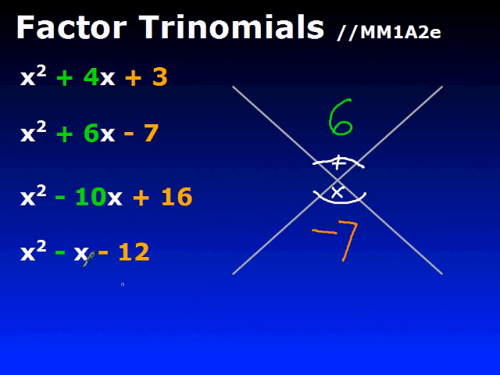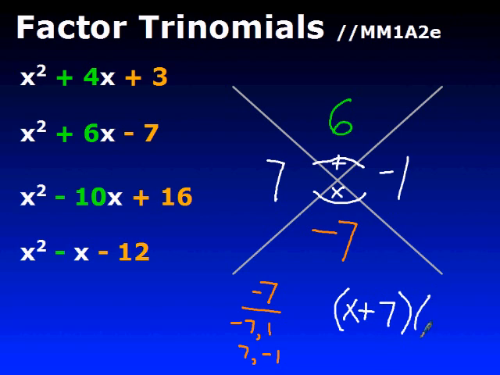Now, just to help organize myself, -7 factors into -7 and a +1, or 7 and a -1. I need to add to be a +6, so that's going to be this 7 and -1. Writing our factors, x plus 7, x minus 1.